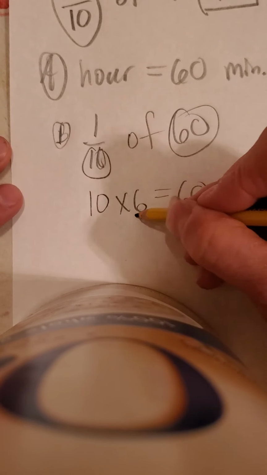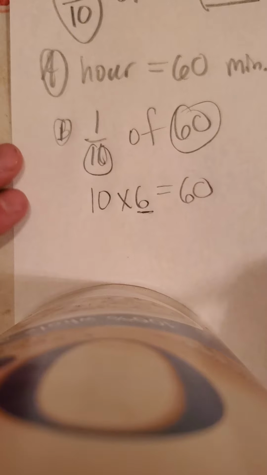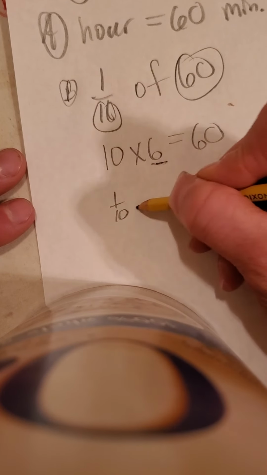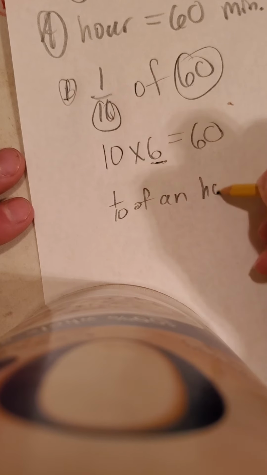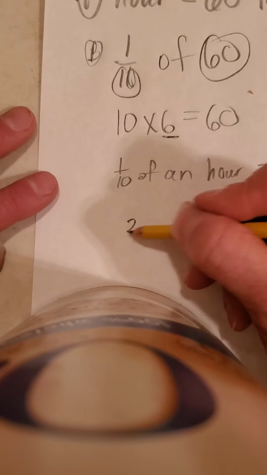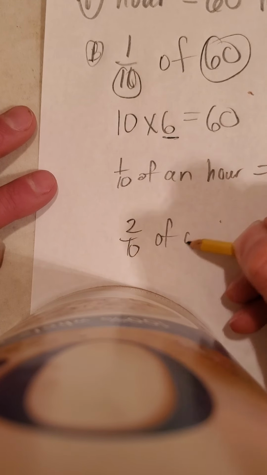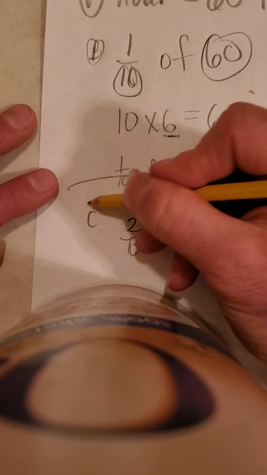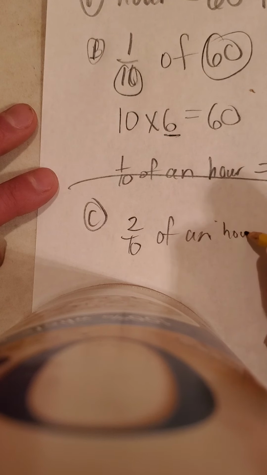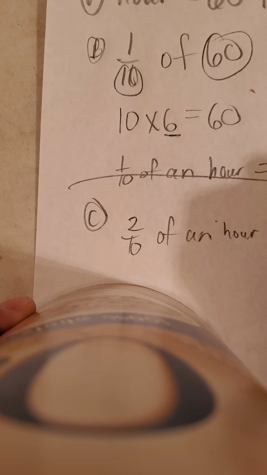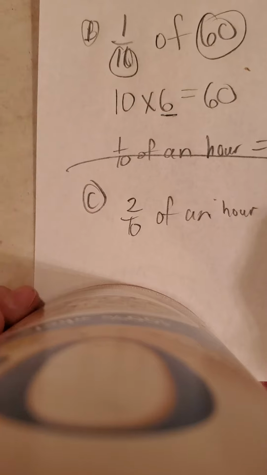All right, so therefore, 1/10 of an hour equals 6 minutes. So what would 2/10 of an hour be? Okay, so you take 6 minutes, you might say 6 plus 6 equals 12 minutes.